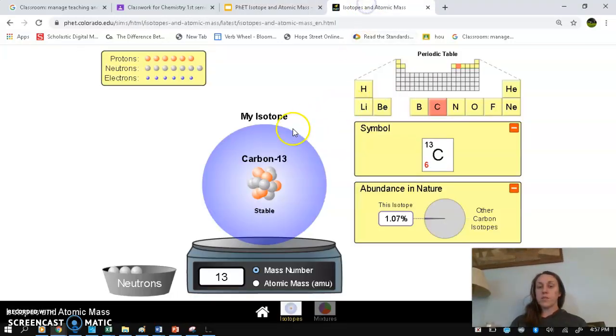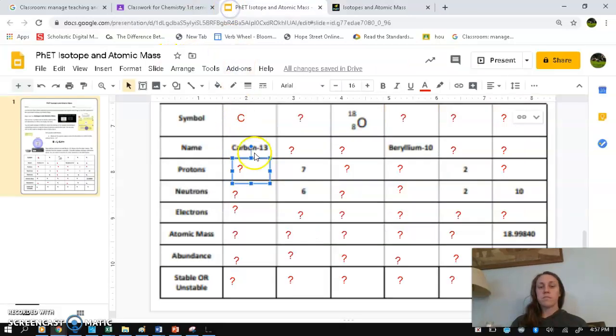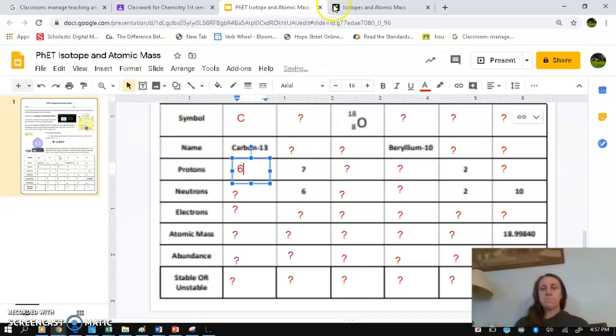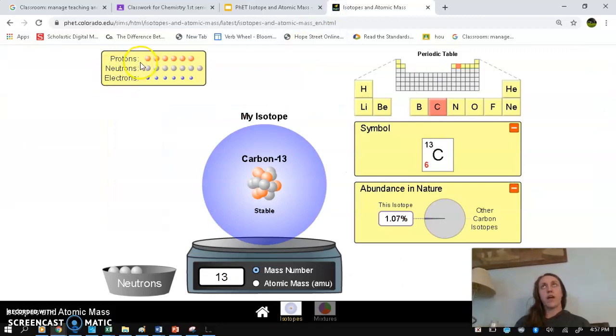How many protons? Well, I can go look right here. 1, 2, 3, 4, 5, 6. I can count the neutrons, or 6 plus what number equals 13? 1, 2, 3, 4, 5, 6, 7.